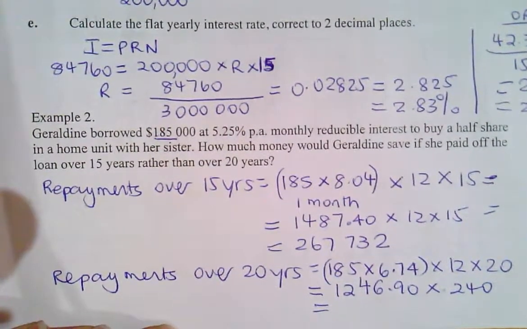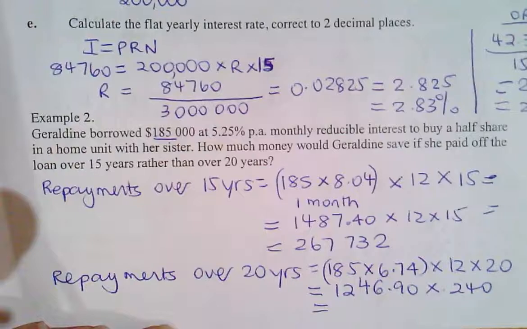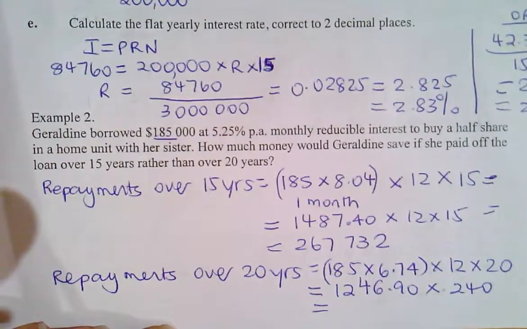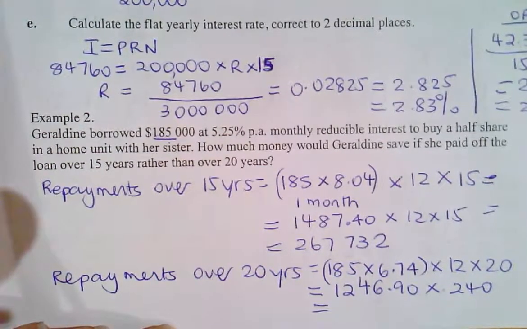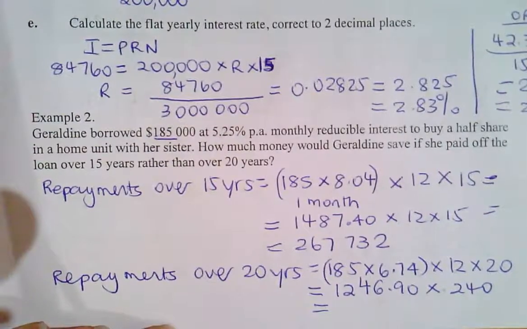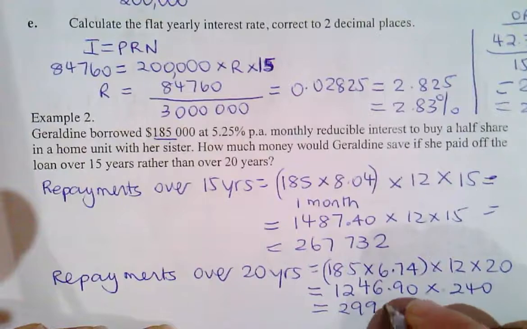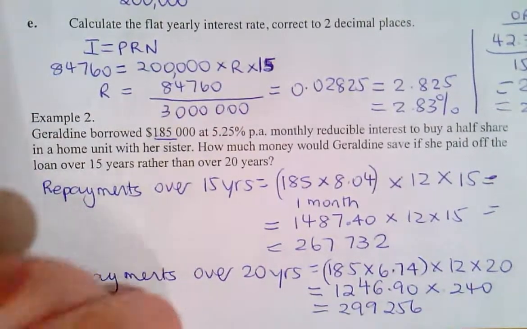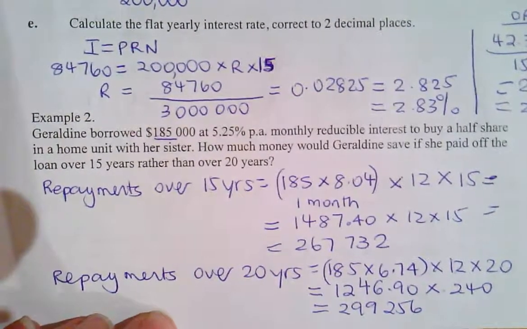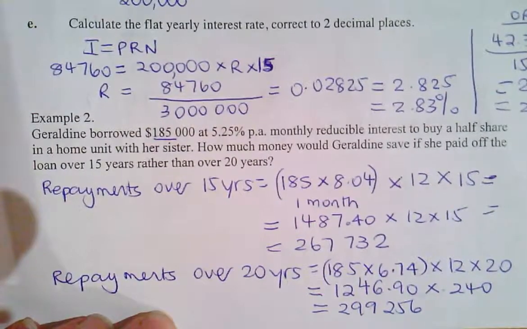So we've got 1,246.90 times 240 months. And we've got $299,256.